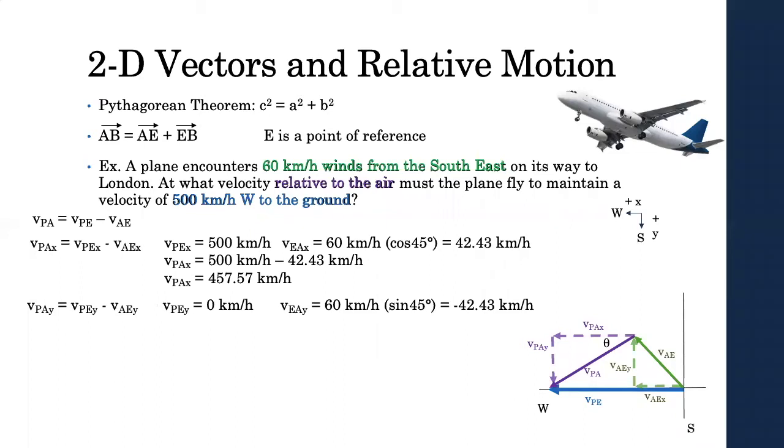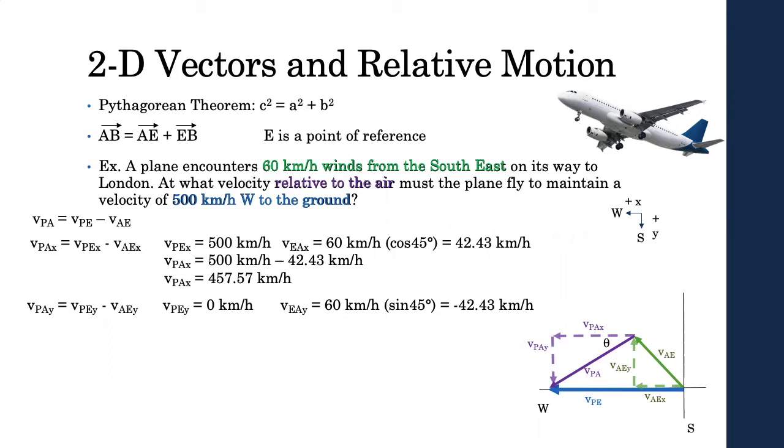And we know that the resulting velocity of this plane relative to the Earth, it's not moving in the y direction, so 0 kilometers an hour. The air relative to the Earth, I swapped the E and the A. It's 60 kilometers an hour multiplied by sine 45, because now we're doing opposite over hypotenuse.